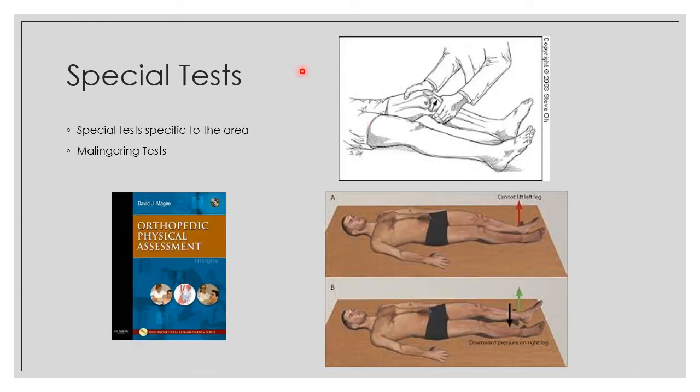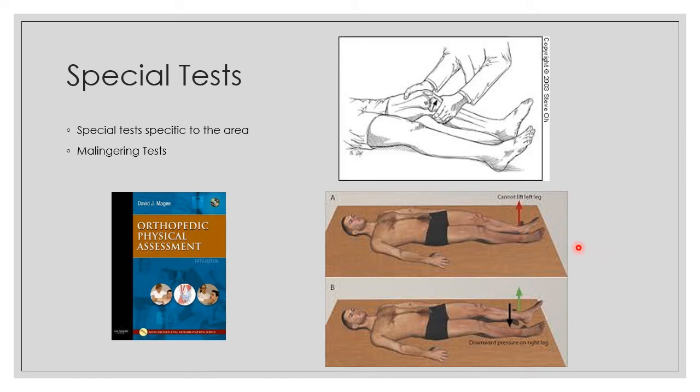And lastly, we do special tests specific to the area. If you're checking the knee, you can do your Lachman test to check for your ACL. It's also important to do some malingering tests, particularly in patients complaining of back pain.